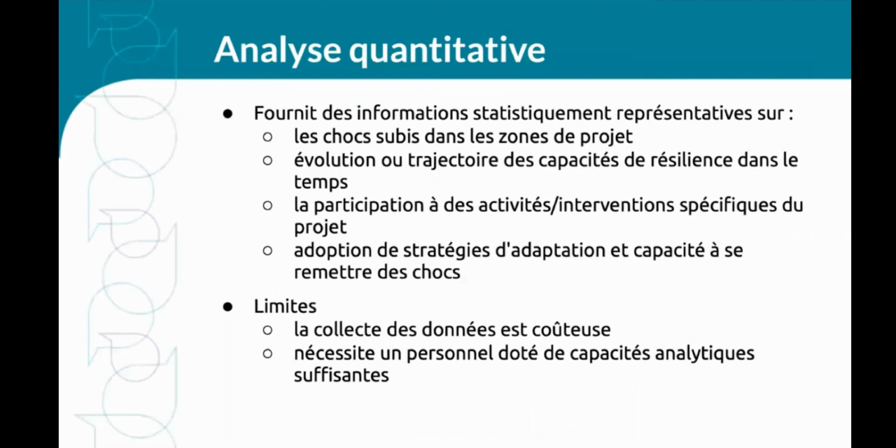And so I'm just going to review the two types of analysis and type of data that you could be potentially collecting using the recurrent monitoring survey. And the first is doing quantitative analysis. So this can be especially useful in terms of providing statistically representative information, specifically related to shocks, the kind of trajectory of resilience capacities over time, and then looking at how people are participating in specific project activities or interventions, and then looking at what kind of coping strategies people are adopting over time.